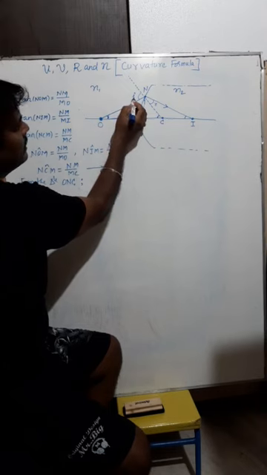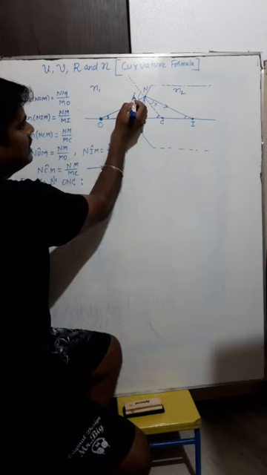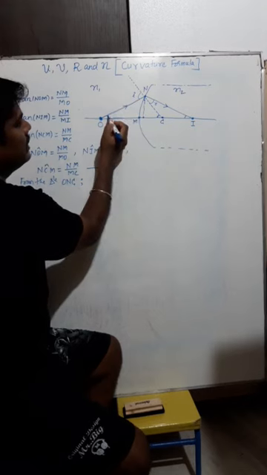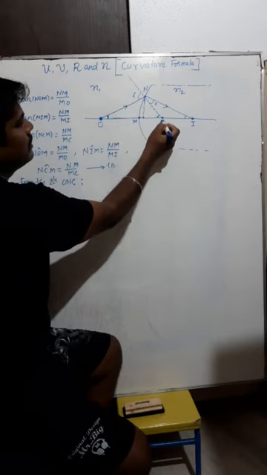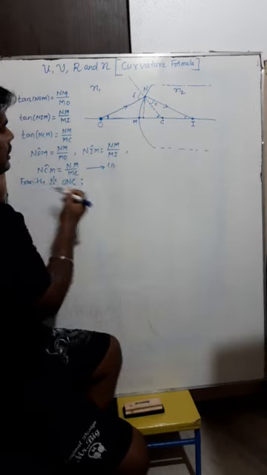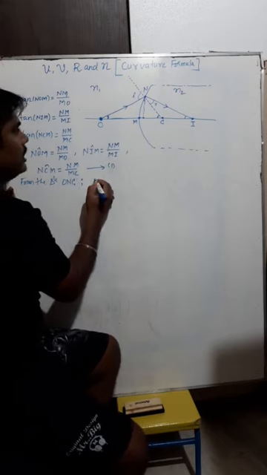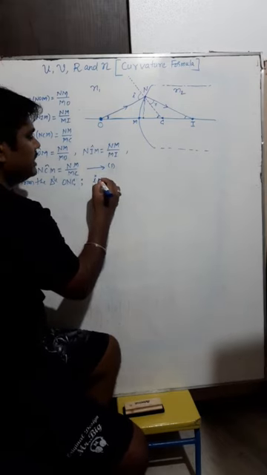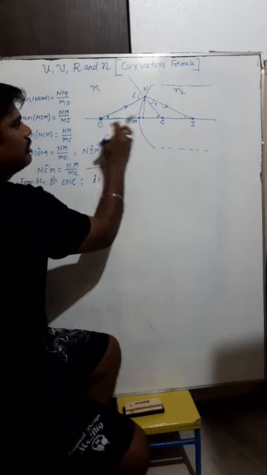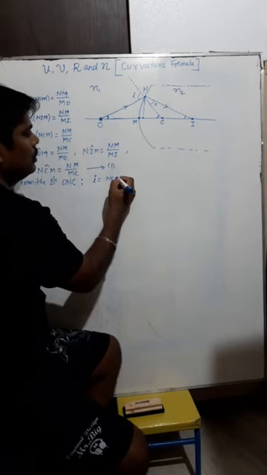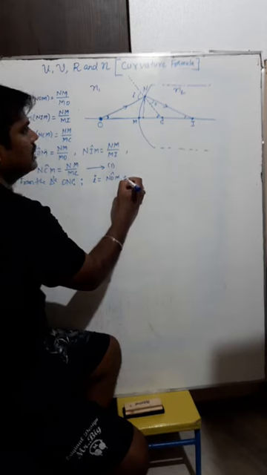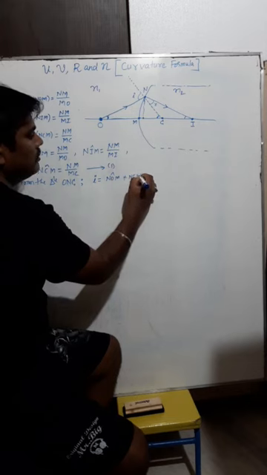This is the exterior angle, I is the exterior angle. For this exterior angle, the opposite interior angles in this triangle are NOM and NCM. So I use this condition. Therefore, angle of incidence I is equal to the sum of these two angles, NOM angle plus angle NCM.